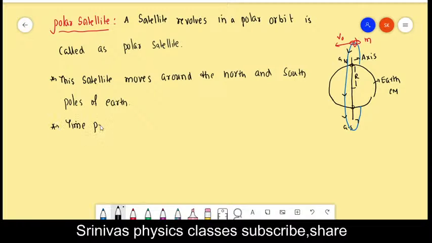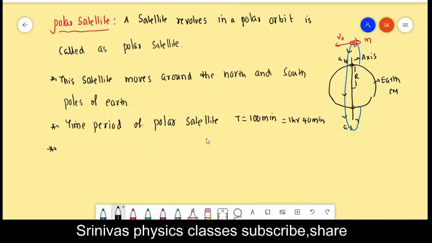The time period of a polar satellite is only 100 minutes. 100 minutes means nearly 1.5 hours, that is 1 hour 40 minutes. In 1 hour 40 minutes, it will complete one revolution.